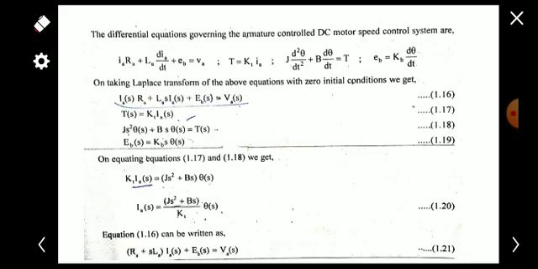So in this equation, instead of Ia we are going to substitute this value, in which theta(s) appears, and instead of Eb we are going to substitute this term, that is equation 1.19. Here also we obtain a value of theta(s).